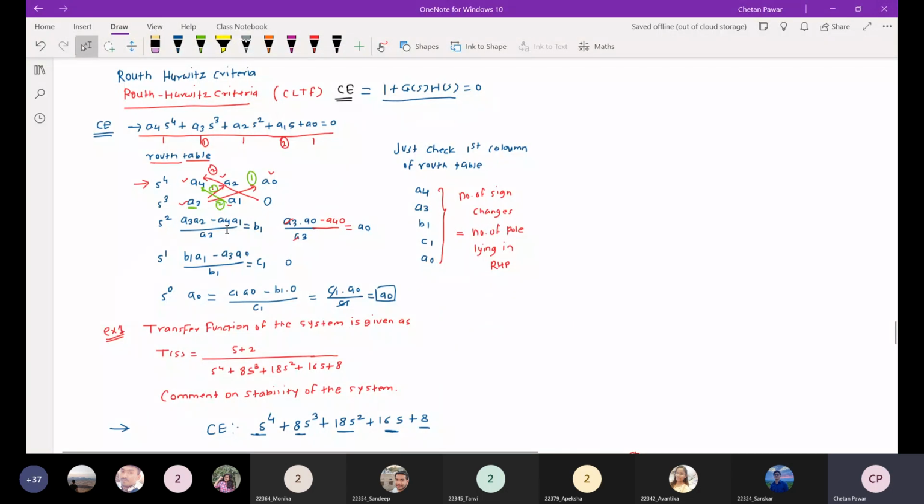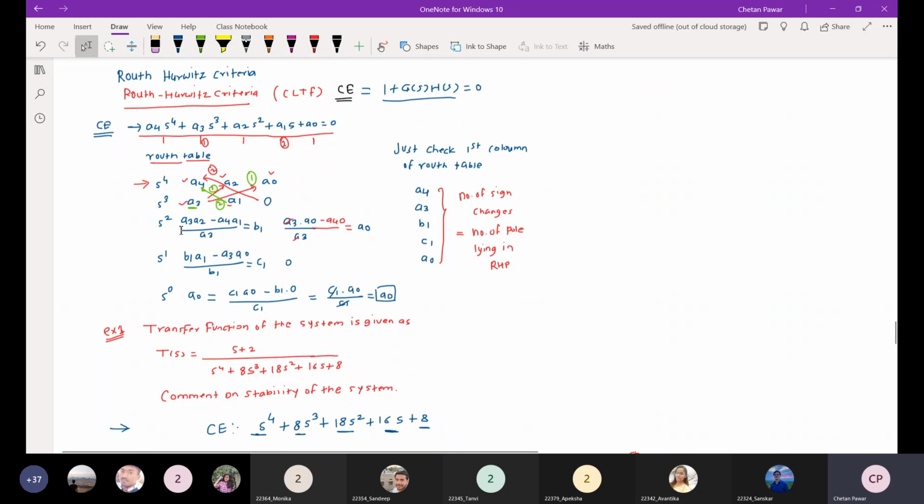If I want to find the elements of this s square row, for the first element I just need to take the product of these two elements minus the product of these two elements, divided by this element. So a3 into a2 minus a4 into a1, divided by a3. So I will get the first element of this row, b1.